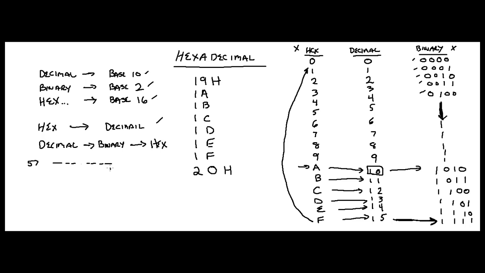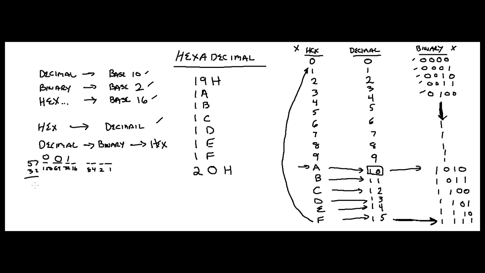What do we have? We have 1, 2, 4, 8, 16, 32, 64, and 128, right? So we know 128 is 0, we know 64 is a 0, right? 32 will go in there. So we have 32.